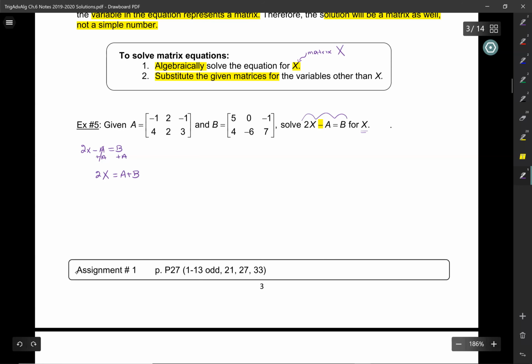Then I'm going to divide by 2. But what's dividing by 2? Is that the same as multiplying by 1 over 2? It sure is.